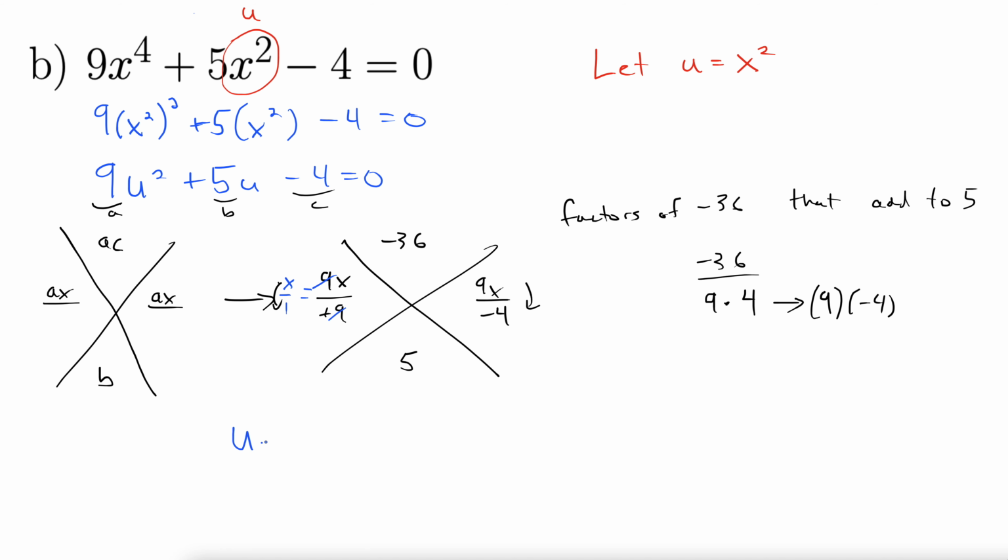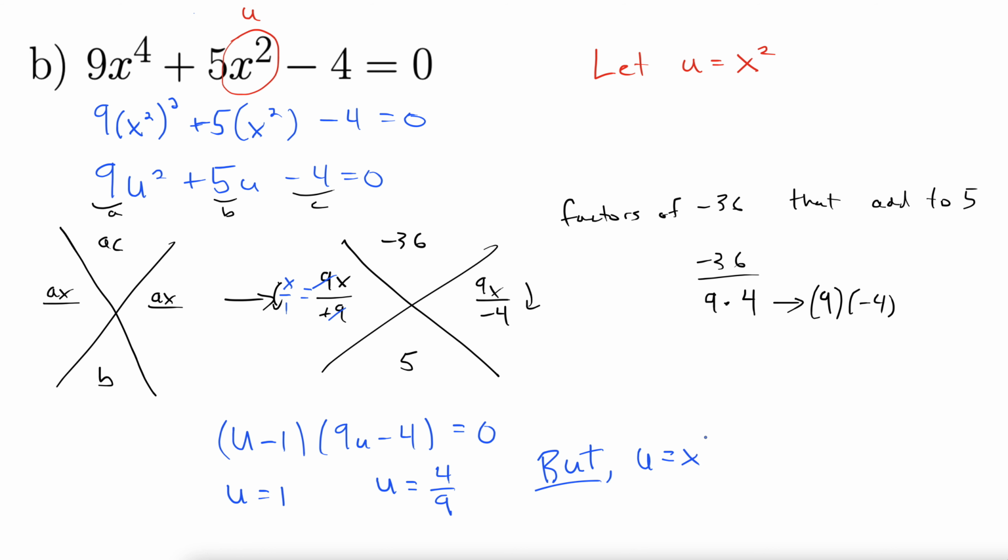So it's u minus 1 times 9u minus 4 equals 0. That's what we're solving. Okay, setting each one of these equal to 0 gives u equals 1, and over here we get u equals 4/9. Okay, but we don't actually care about u.